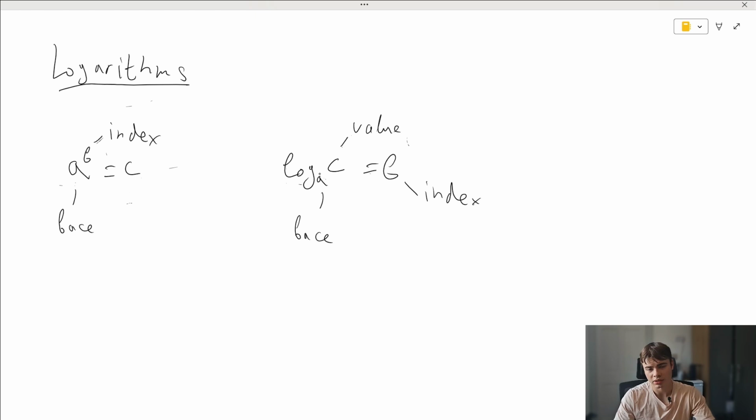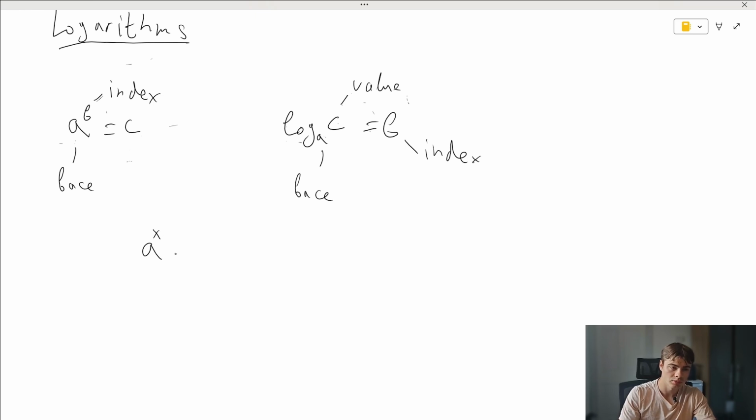So when you take log of c base a, it's what power a needs to be raised to get c. And how do you go from one to the other? The base stays in its place, and then you swap: b goes to the right, c goes to the left.